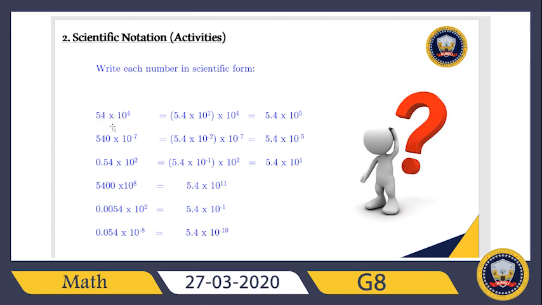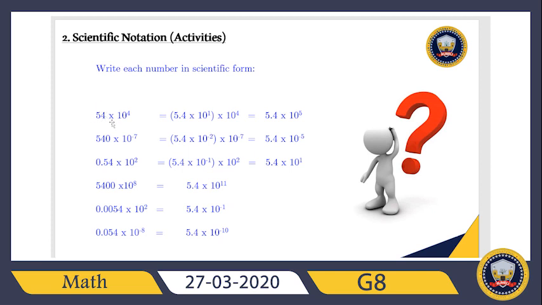So how can I convert this number into the right scientific form? This means I will need to move my decimal point 1 place to the left. So I want to make this as 5.4. How can I make it 5.4? I will move it to the left and multiply this number by 10 to the power of 1.